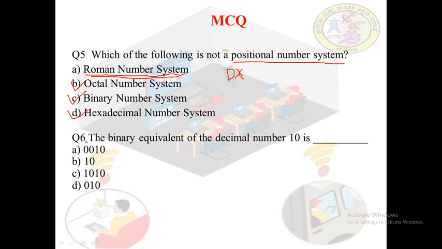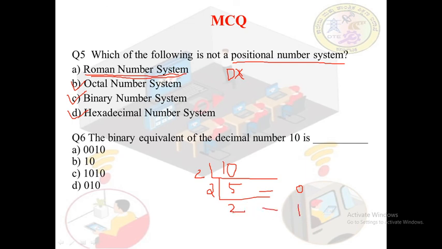Sixth question. The binary equivalent of the decimal number 10 is. In order to convert the decimal number into binary form, we know the process. We start dividing it by 2. 2 5s are 10, so remainder is 0. Next, once again we divide. 2 2s are 4, 5 minus 4 is 1.